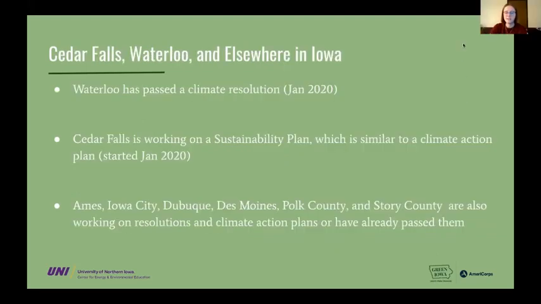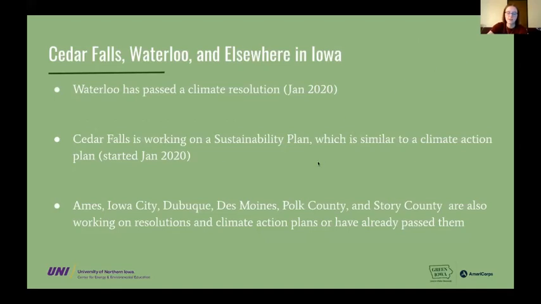So Cedar Rapids and Lynn County are not the only places in Iowa that are working on climate action. In January 2020, City Council members in Waterloo voted unanimously to pass a climate resolution, which includes a commitment to establish a committee to develop a climate action plan.